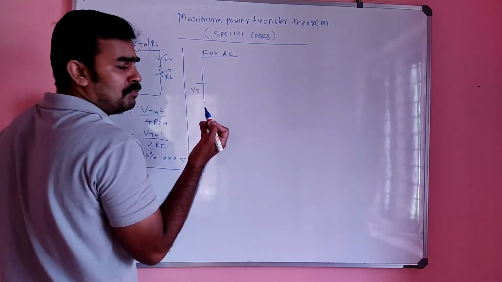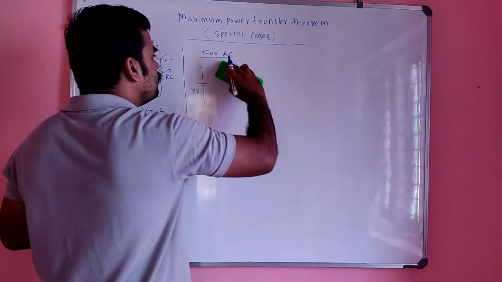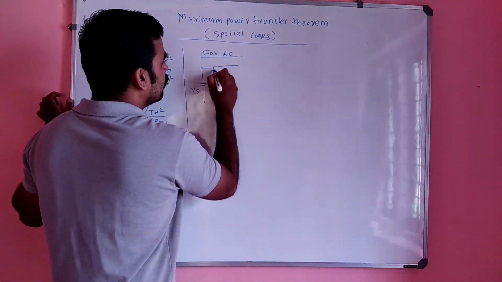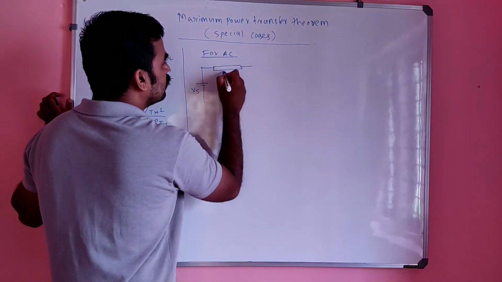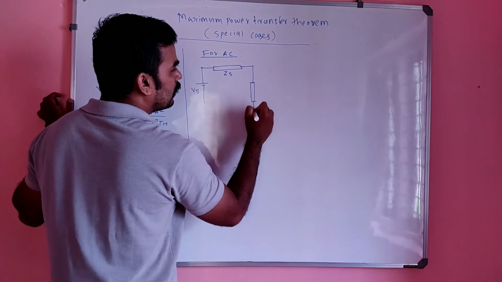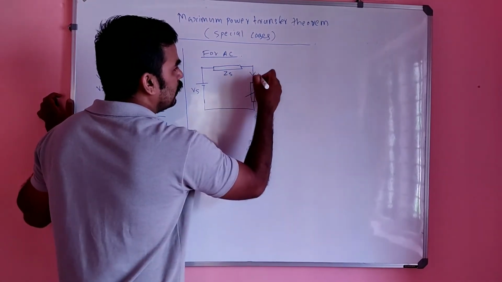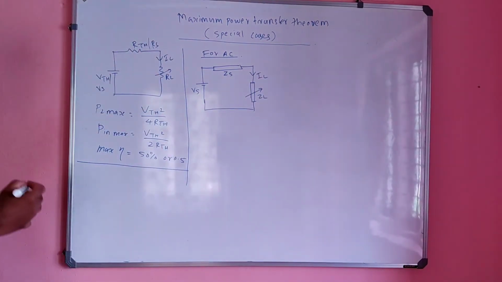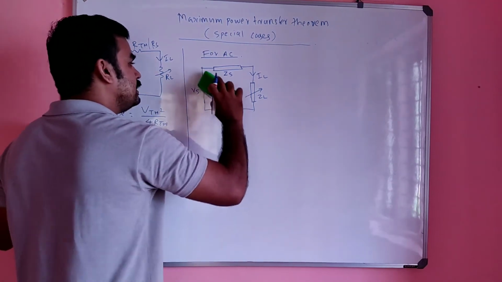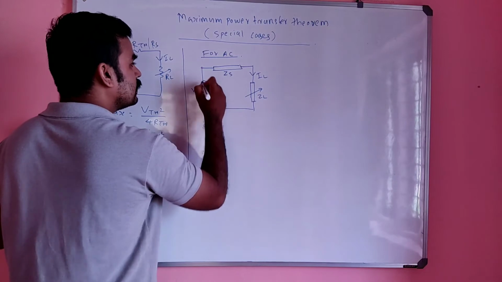For an AC circuit, the source is represented like Vs or V Thevenin, there is no issue there. Instead of Rs, there will be Zs, and instead of RL, there will be ZL. And instead of DC, there is AC.